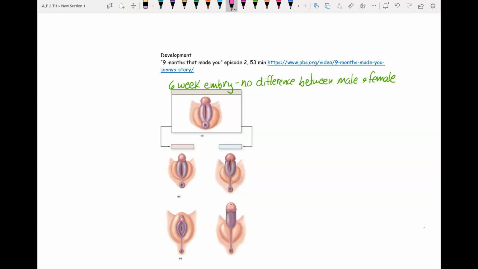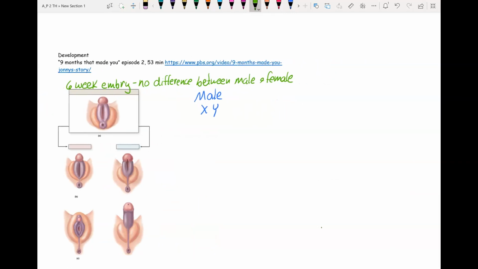You probably know about chromosomes and X and Y chromosomes. Female is 2 X's and male is XY. So at the moment of conception, the chromosomes are determined.